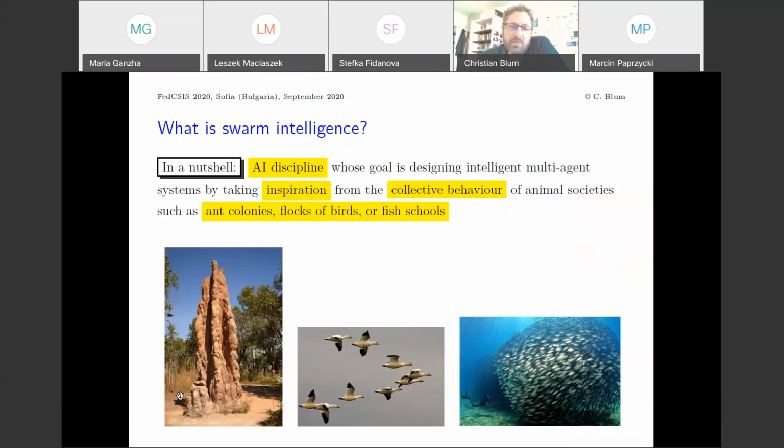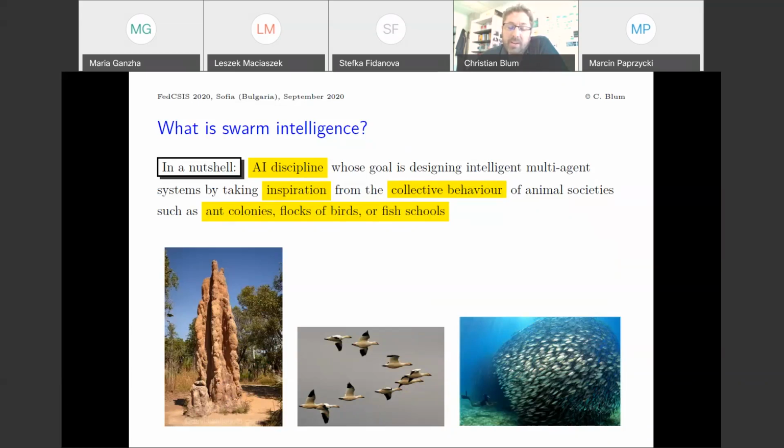Here you have a termite mound. No termites, these small insects, they build incredibly large nests or mounds. This one might be maybe 5 meters high. They have a complex internal structure. For example, there are chambers in there that have the same temperature all over the year, no matter what the outside temperature is.